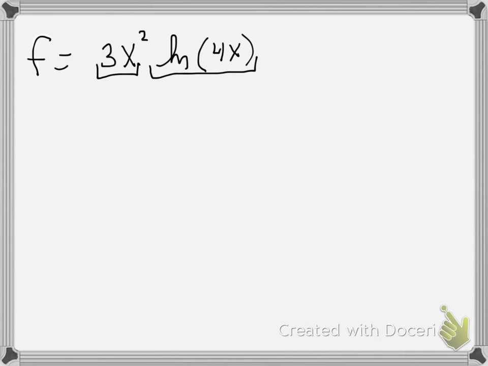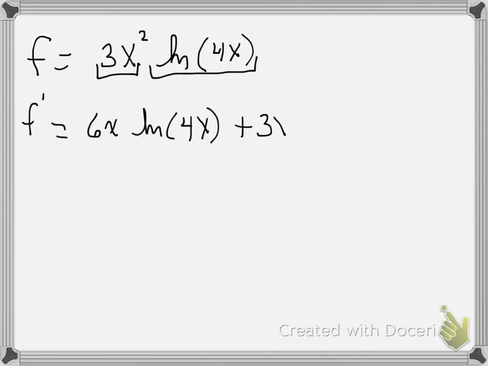We can just take the derivative of this. We get f prime is going to equal the derivative of 3x squared, which is 6x, and we leave the natural log of 4x alone, just straight product rule, plus 3x squared. The derivative of the natural log of 4x is 1 over 4x times the derivative of 4x, which is 4.